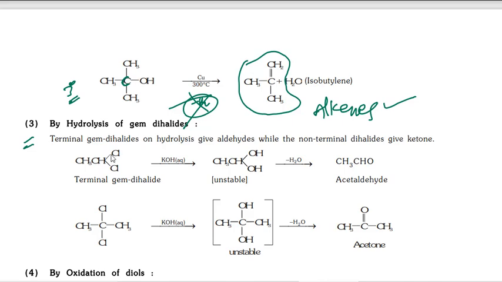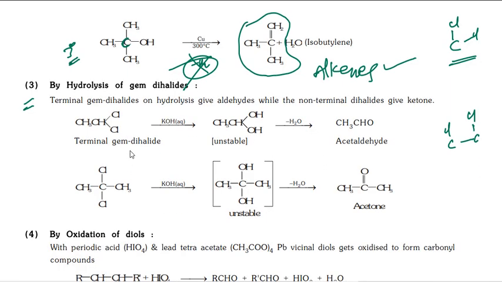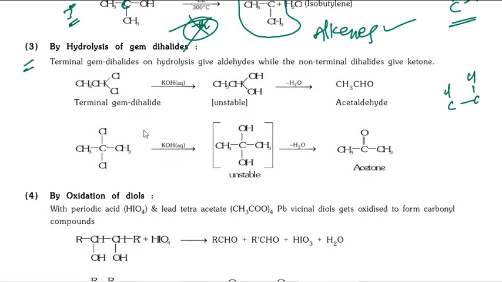Next, hydrolysis of gem dihalides. What is a gem dihalide? In the nomenclature I explained, gem means two halogens are on the same carbon, that is geminal. Two halogens on adjacent carbons is vicinal. Now we are going to discuss geminal halides. From gem dihalides we can prepare aldehydes.